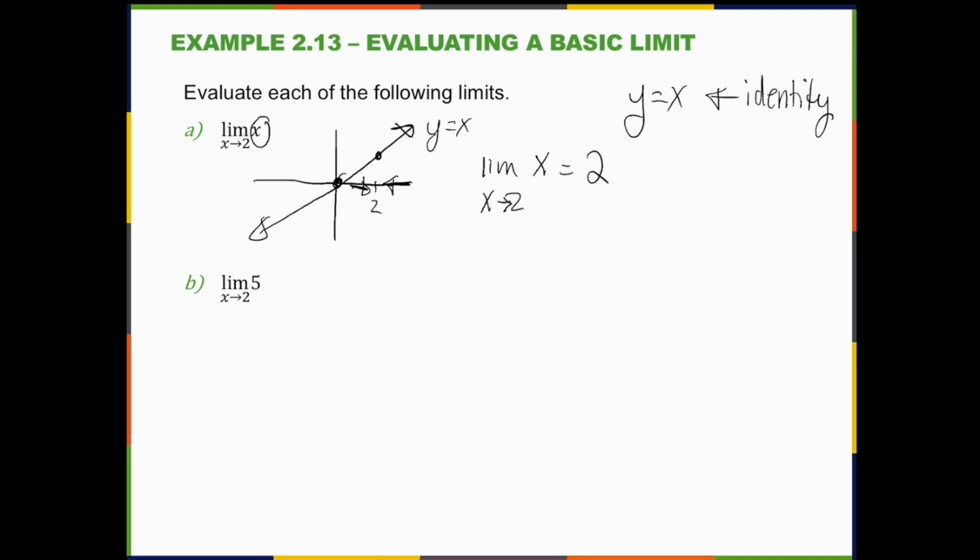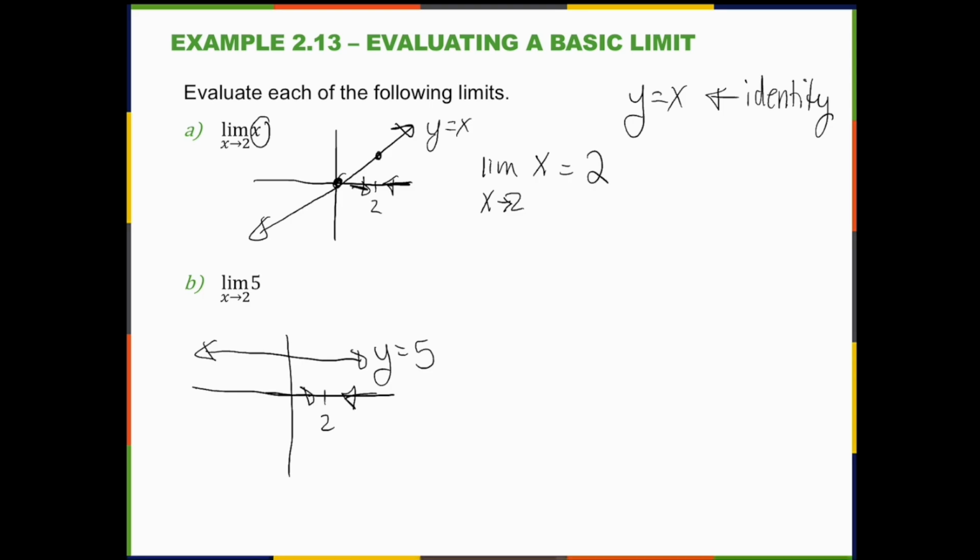Now, looking at part B, this is a constant function, and no matter what value of x we choose on the function, the value for y is always going to be 5. So here's my x and y axis. Here's my sketch of the graph, y equals 5.